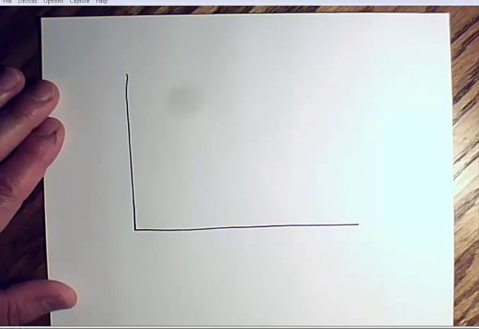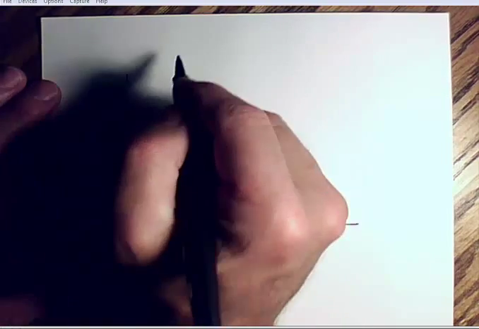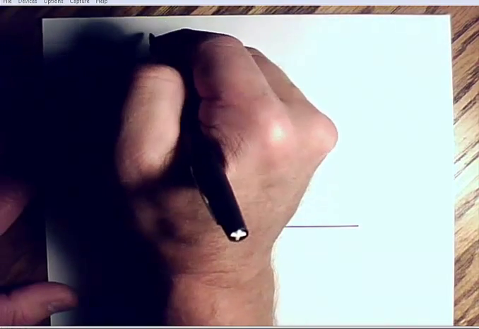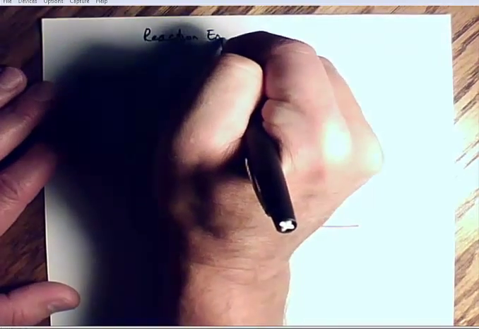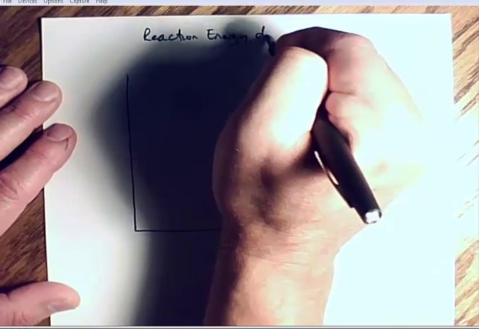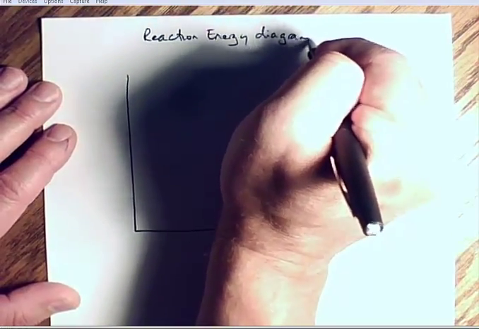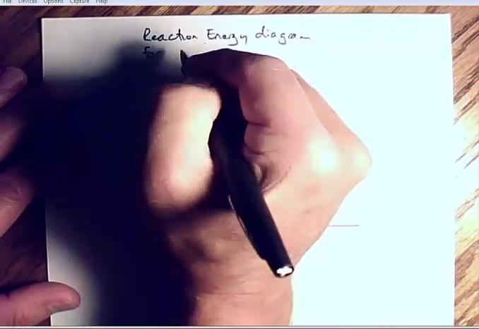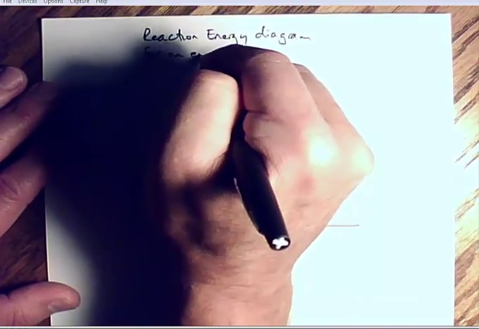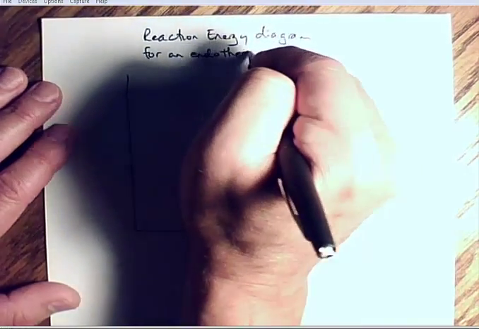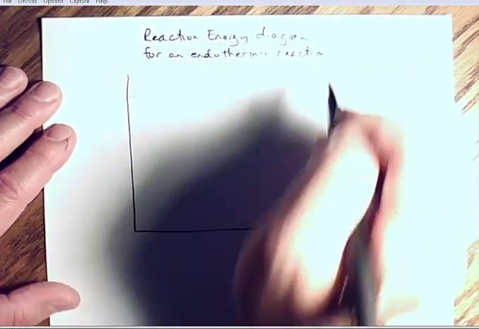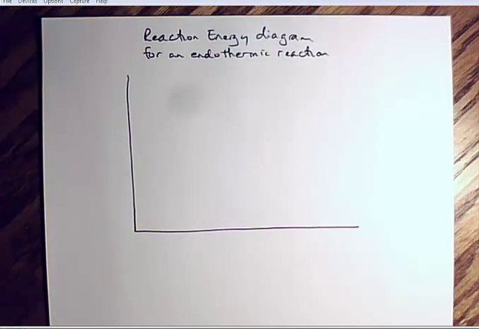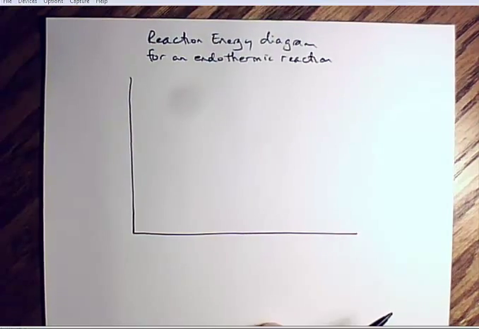So again, this is a reaction energy diagram for an endothermic reaction. And what happens with an endothermic reaction? It absorbs energy.